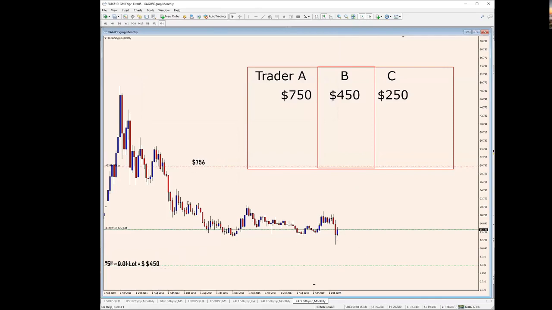So now if you see, the risk reward is almost 1 to 1.5, correct or not?